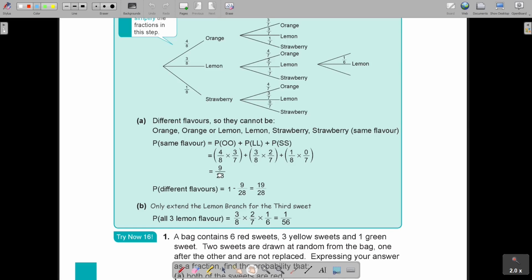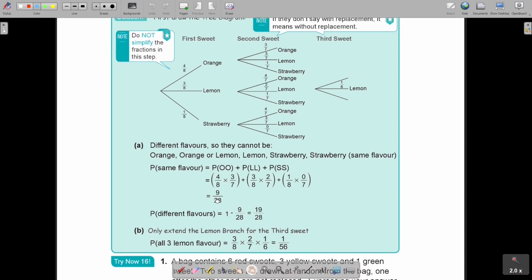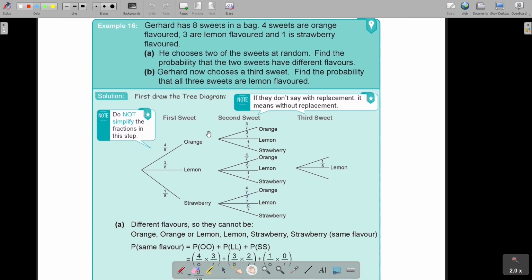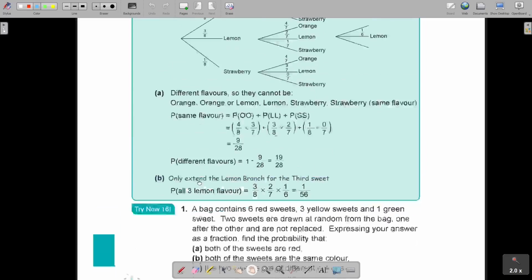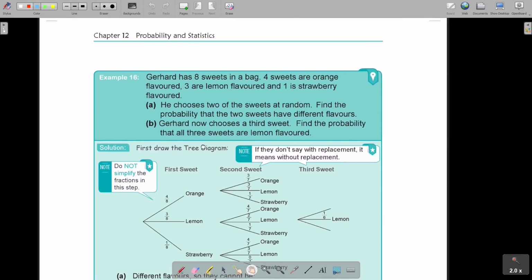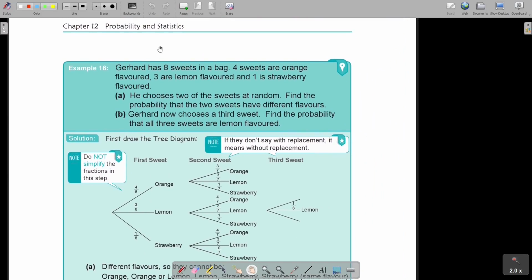If you take another one, then there's 4. And you can see it already from the graph. This is why I'm using this example, on page 648, in book 2, example 16, probability. Gerard has 8 sweets in a bag. 4 sweets are orange flavor, 3 are lemon, and 1 is strawberry. So there are 3 options.